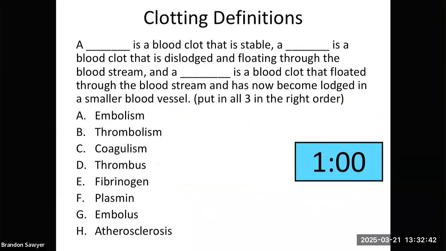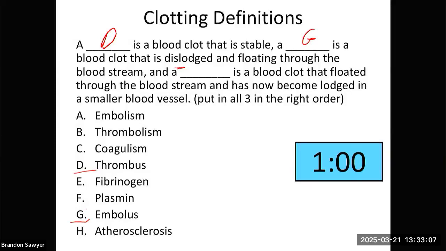A blood clot itself that's stable, that's stuck in one individual place is called a thrombus. Okay, so that's this one, thrombus. A blood clot that gets dislodged and is just going through the bloodstream is called an embolus.